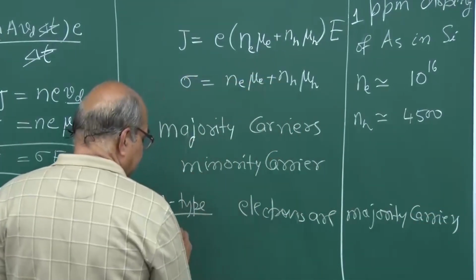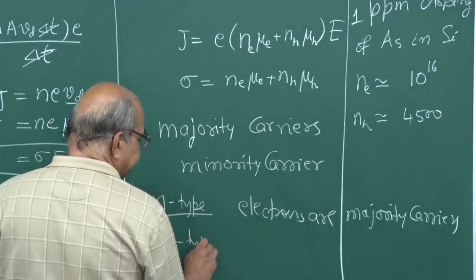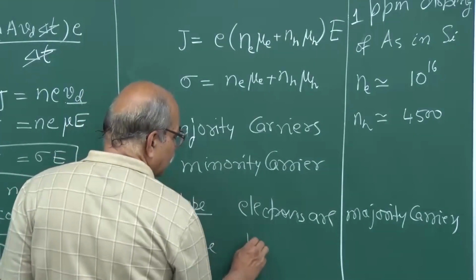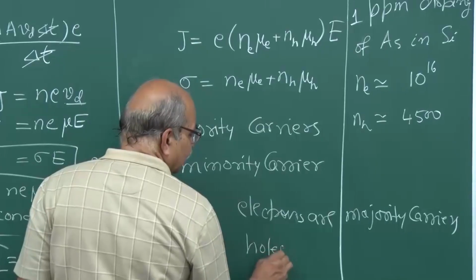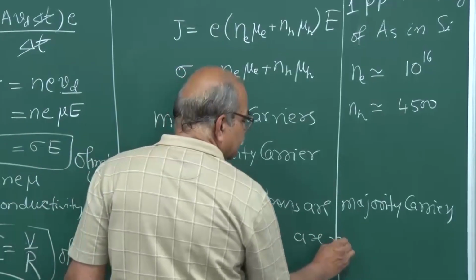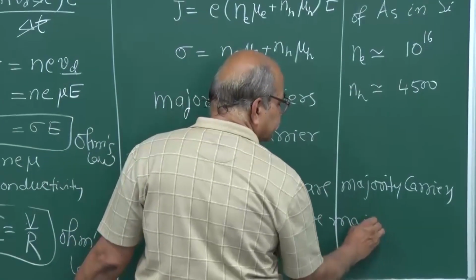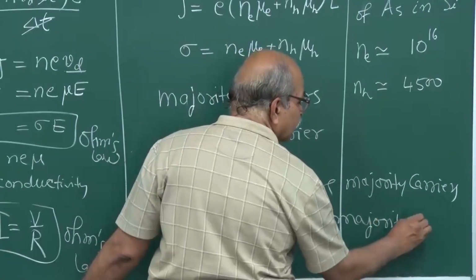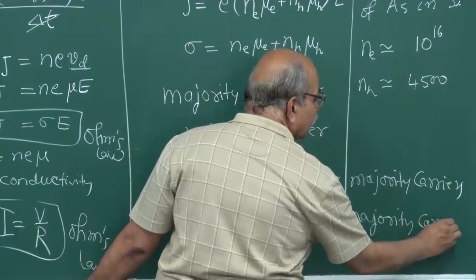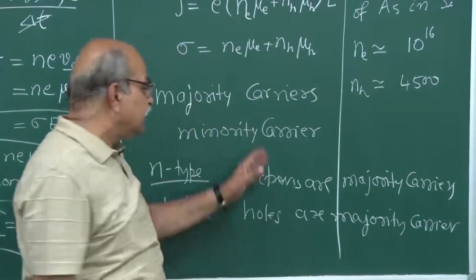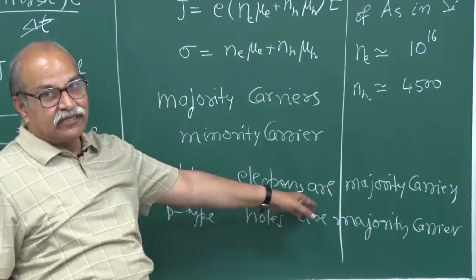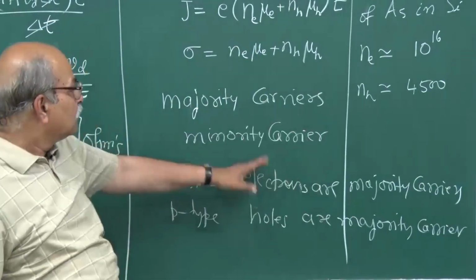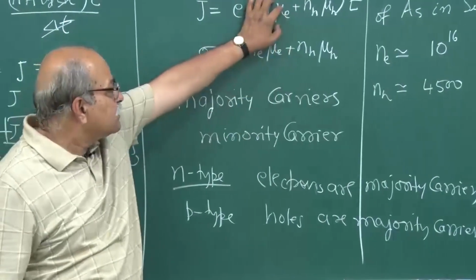And for P-type, these holes are majority carriers. And the other one is a minority carrier. So whichever is important, one can take that.